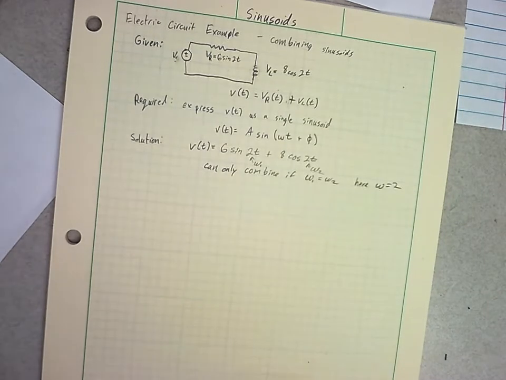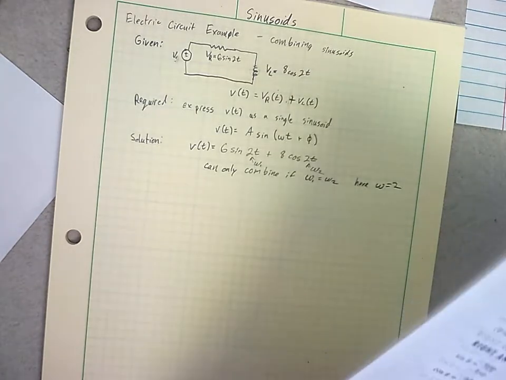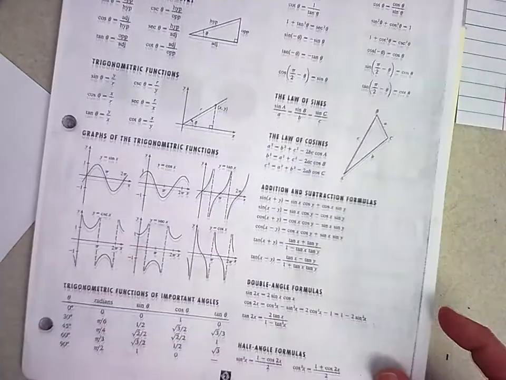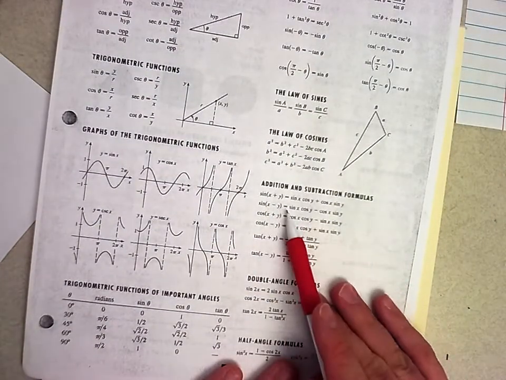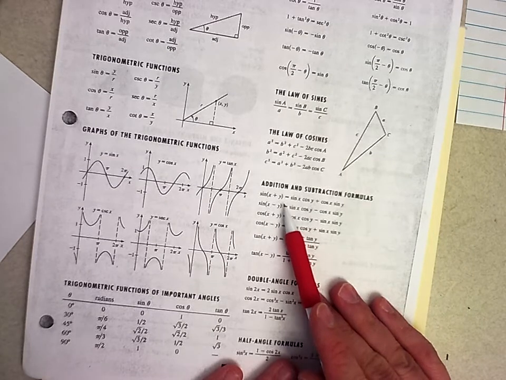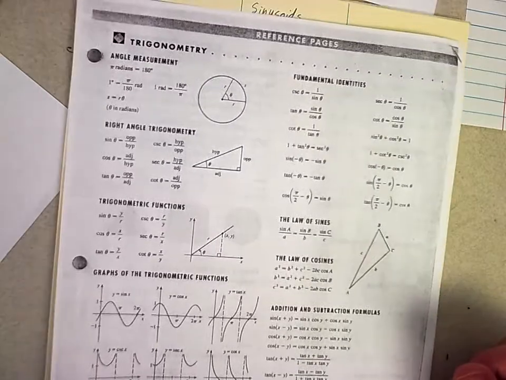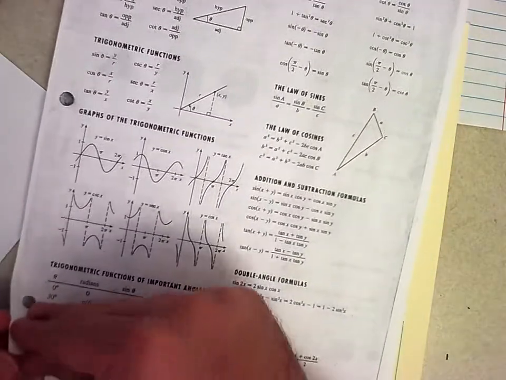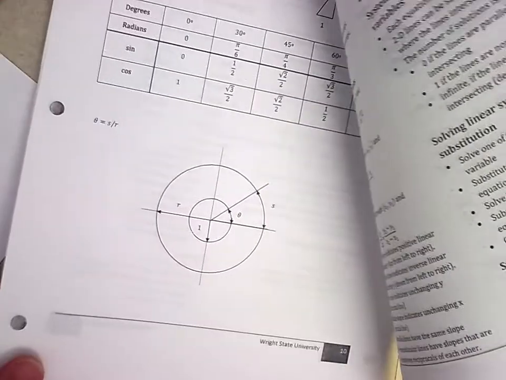All right, so then we're trying to figure out what to do. When we can't figure out anything else, we want to start looking at different handouts. We're trying to get to where we have just a sine term. If we start looking through our trig reference pages, which are available on the web page, I encourage you to print your own copy of these, or at least have a quick link to get to them.